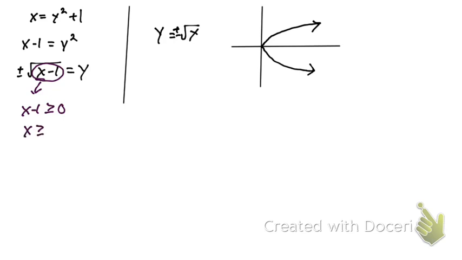So x must be bigger than or equal to 1. So that's my domain, and my range is what I'd get out. Well, if I plug a 2 in, I'd have 2 minus 1, which would be the square root of 1, but then I'd have positive and negative 1. So it'd go on both sides. The y would just keep going on both sides like that. Okay? Other questions?